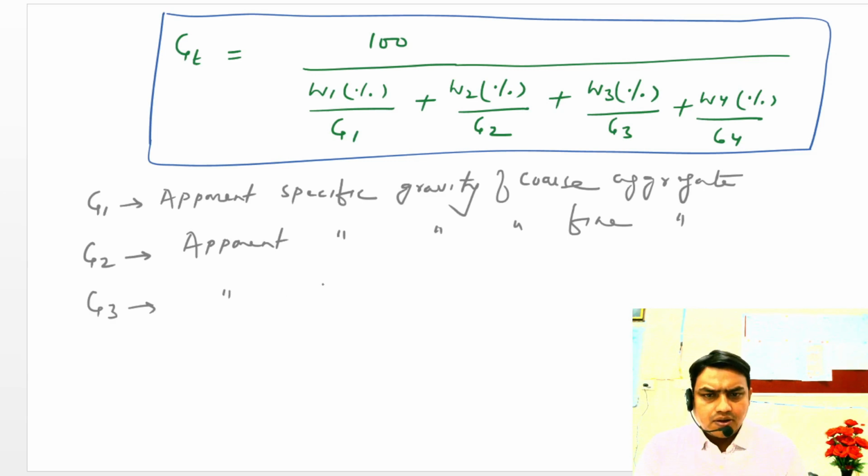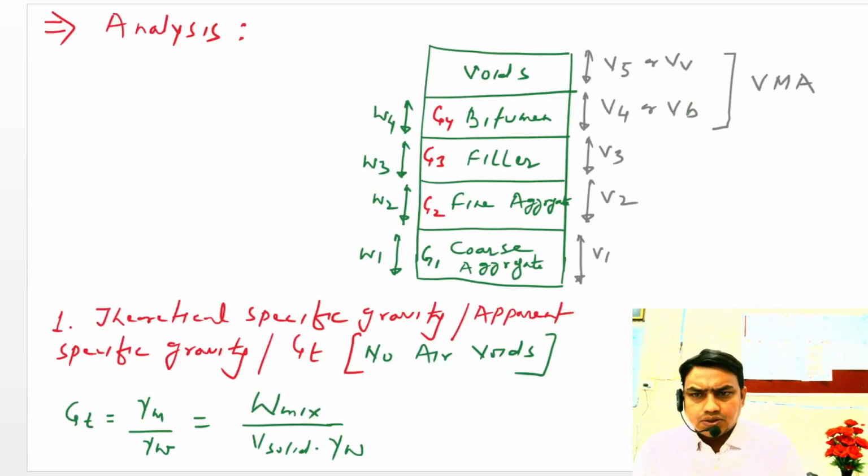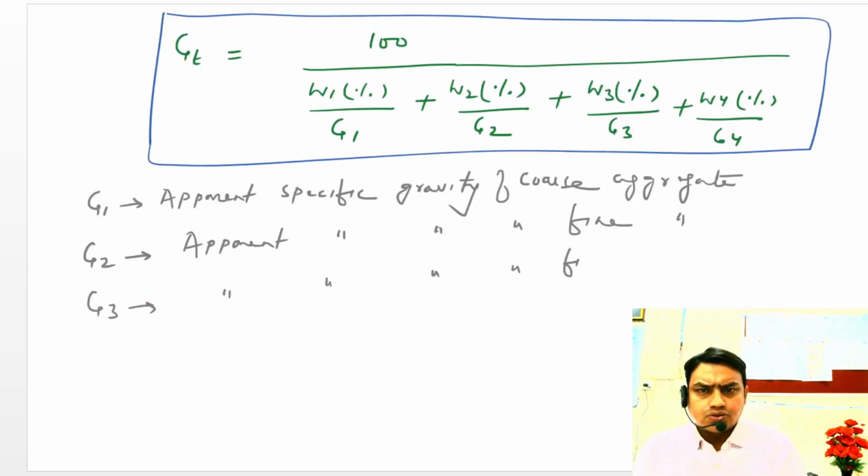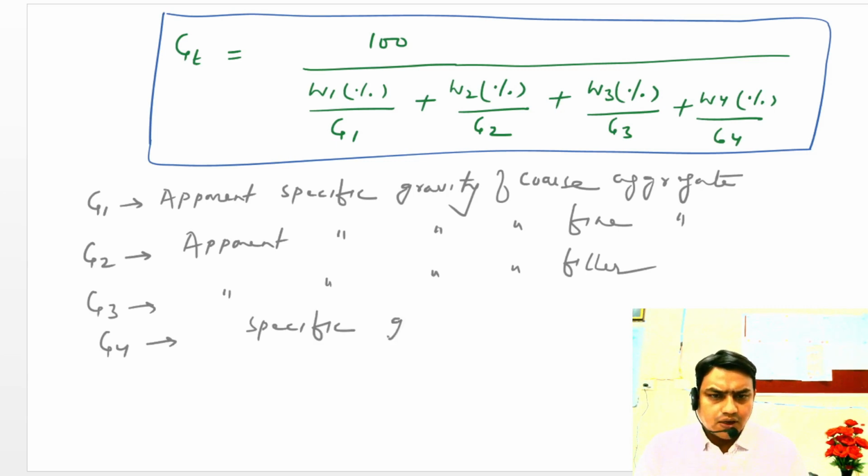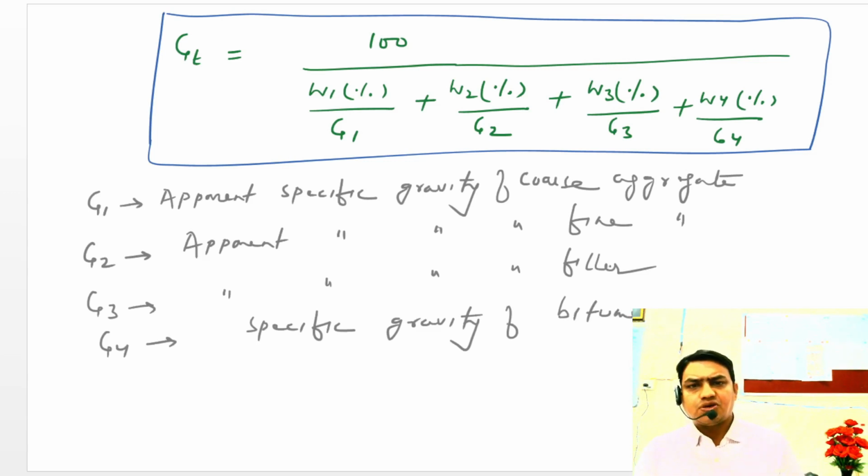G3 is the apparent specific gravity of filler, and G4 is the specific gravity of bitumen. So this is the expression of theoretical specific gravity.